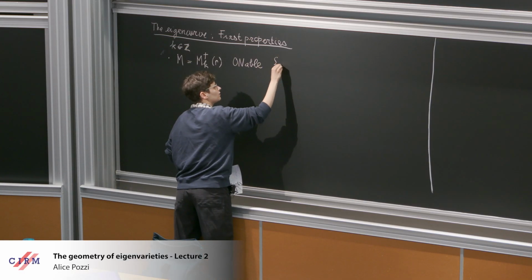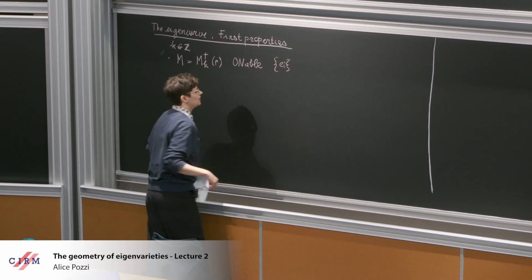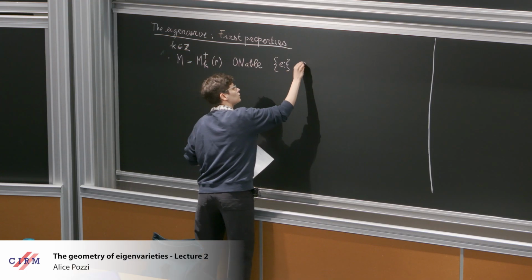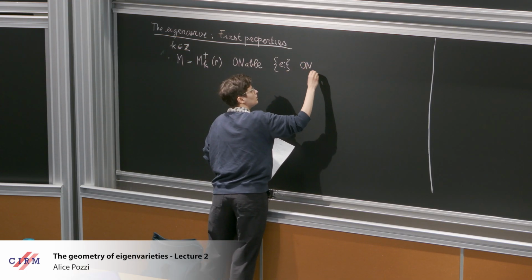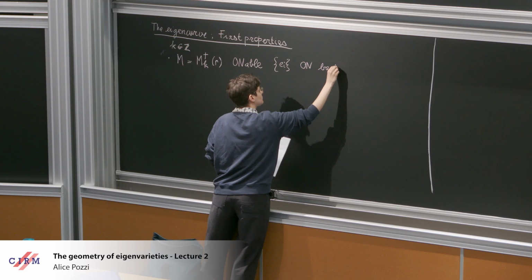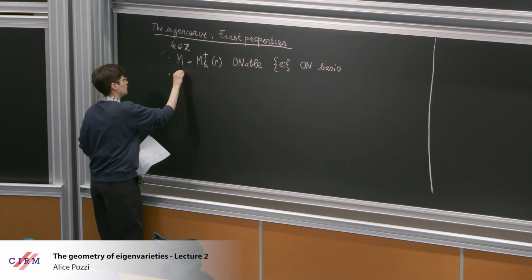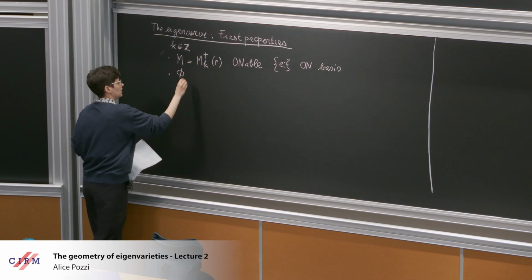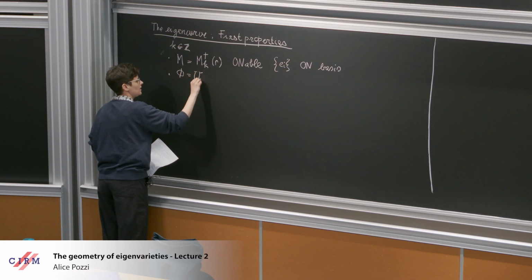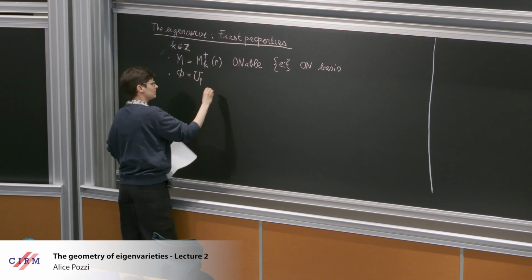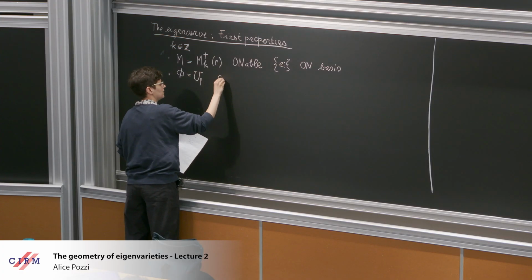So we're thinking of having some e_i as an orthonormal basis. And we have our choice of operator over the space, UP, that we said is compact.